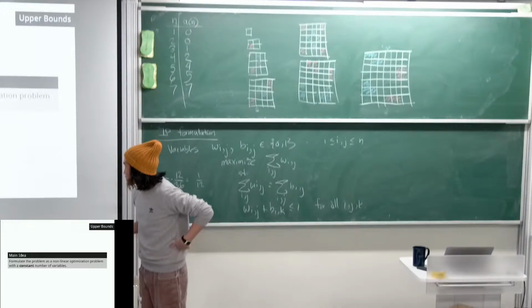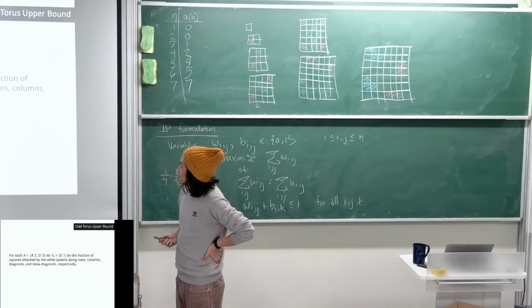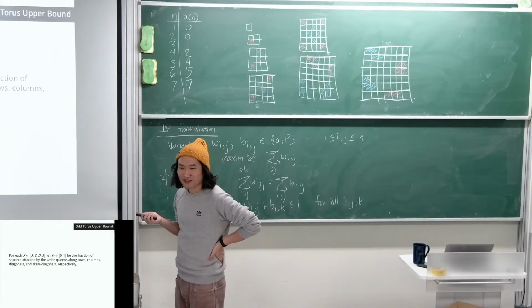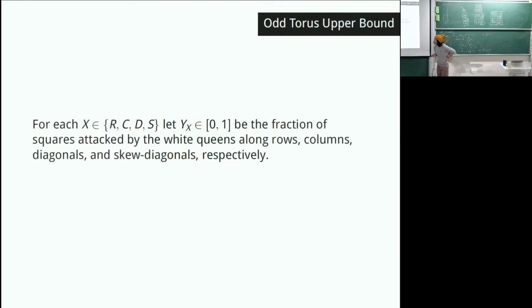It's not so complicated. These are the variables we're going to use: a variable for the rows, R, for the columns, C, for the diagonals, and for the skew diagonals. The simplest nonlinear program will be for the odd torus, so I'll explain that one now, though they're all pretty similar. I'll start with the odd torus and explain how to change it for the even torus and the regular board.